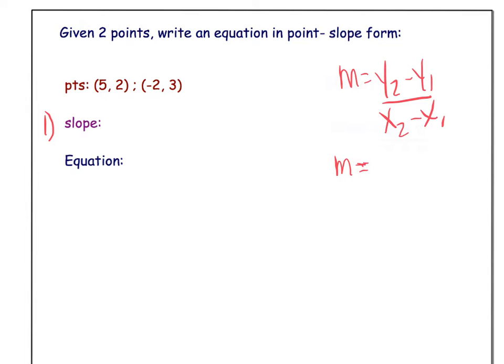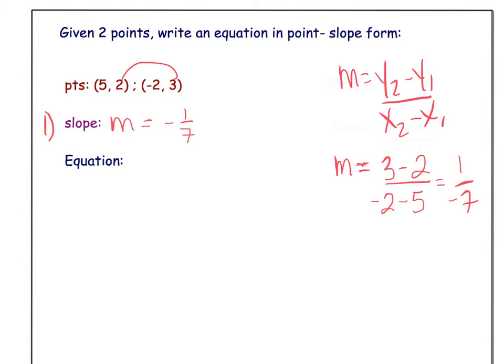Your y-coordinate of your second point we'll say is 3 minus the y-coordinate of your first point, so that's these two right here. Keeping the order the same, I'm going to take the x-coordinate of the second point minus the x-coordinate of the first point and simplify. You get 1 over -7, or the fact that the slope is a -1/7.